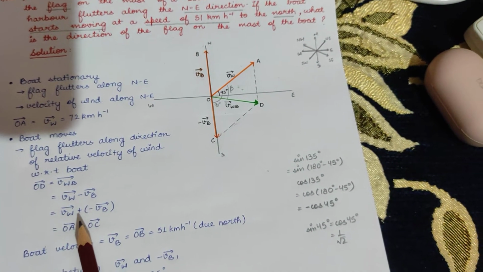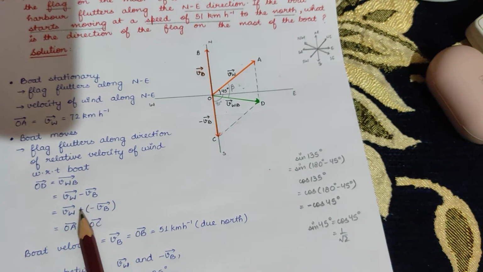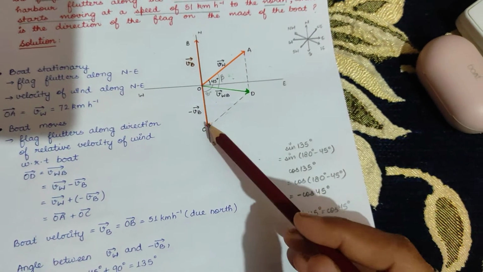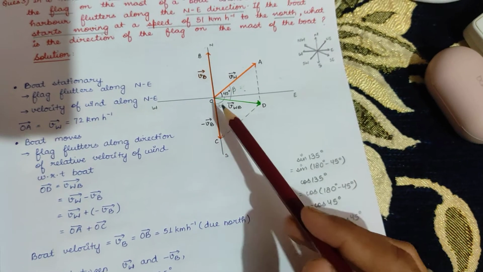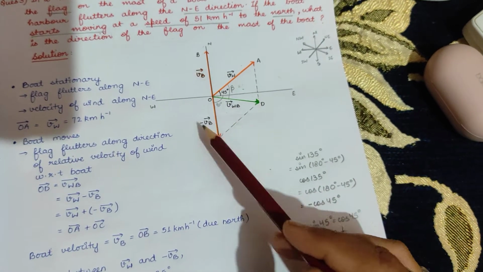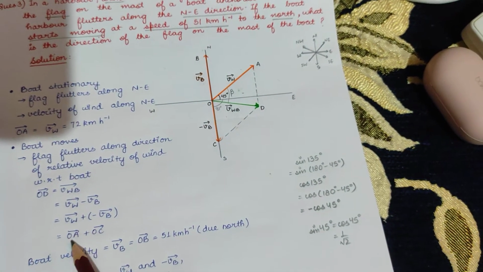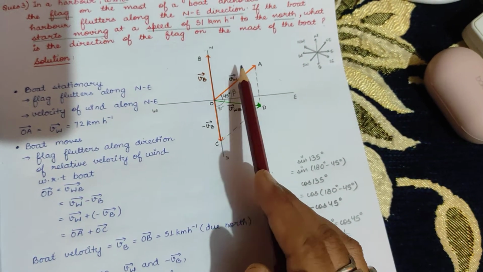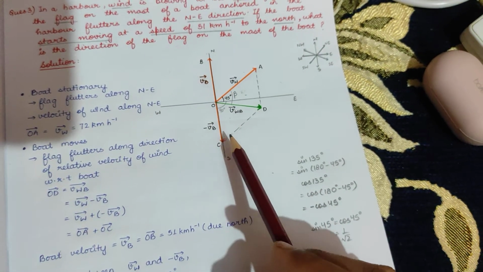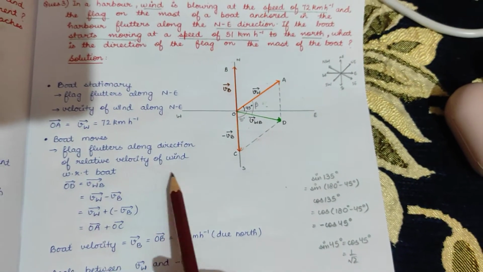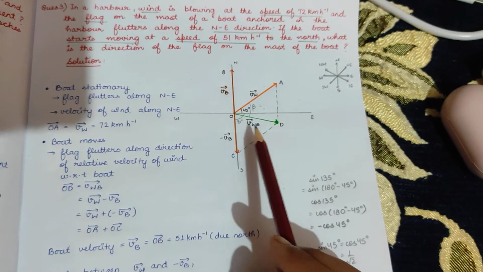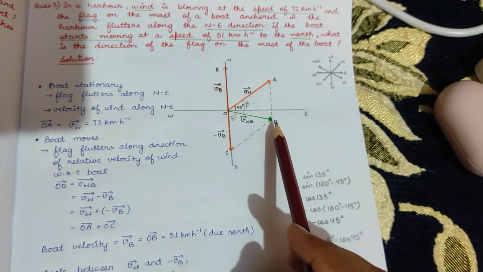We can also rewrite it as vector VW plus the opposite direction of vector VB, the opposite direction in which the boat is moving, and it is given by OA plus OC. Fine. So relative velocity of wind with respect to the boat is given by this vector OD.